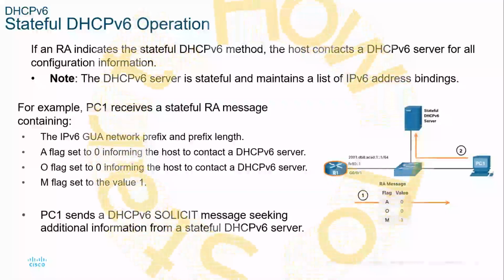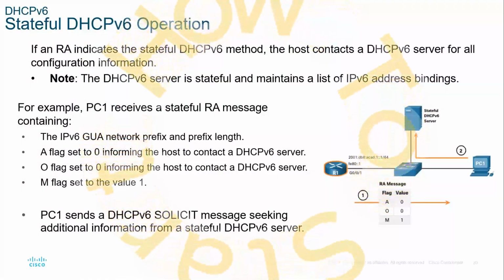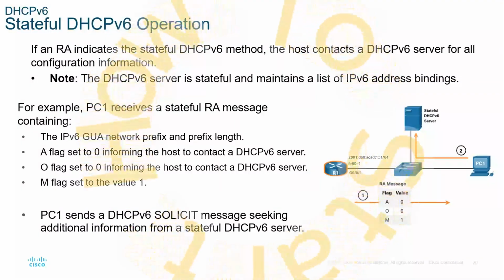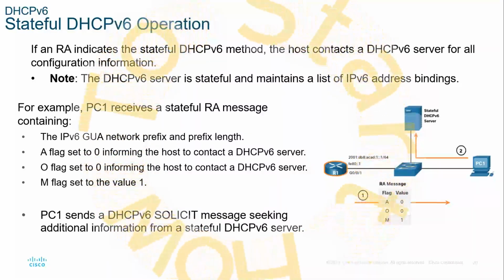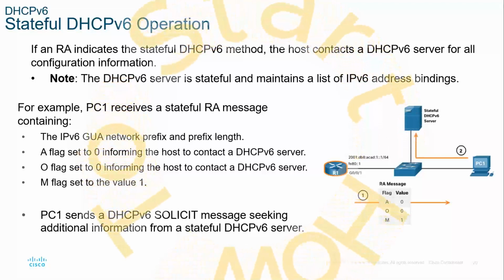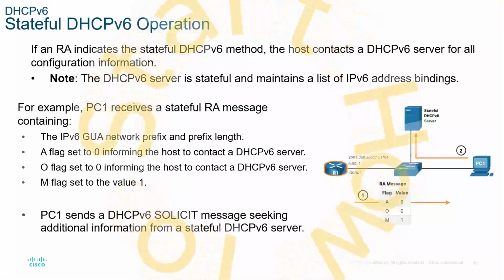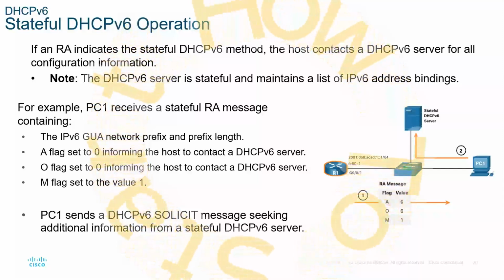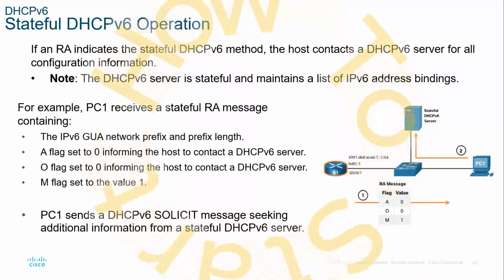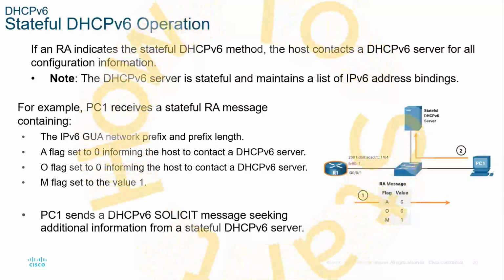So now that we've talked about stateless, we have to talk about stateful. That means that the M flag is set to on, and the A and O flags are set to off. That means the host needs to contact a stateful DHCP server to obtain address information.